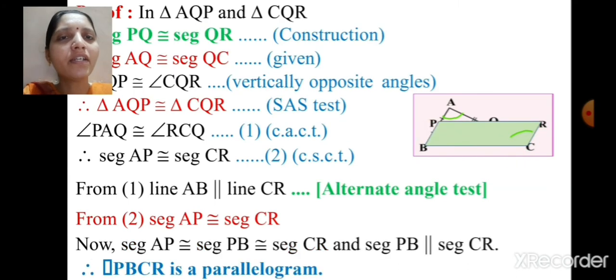So we can write here AP is congruent to PB is congruent to seg CR, and PB is parallel to CR. That means we can write here this quadrilateral PBCR is a parallelogram. Because these two opposite sides are parallel, so it is a parallelogram.